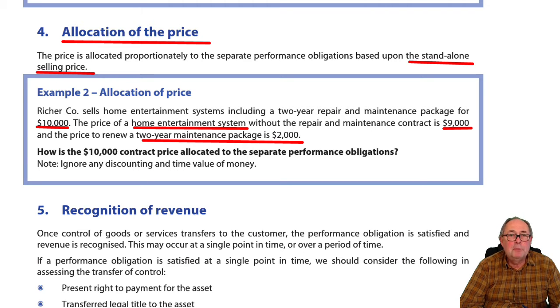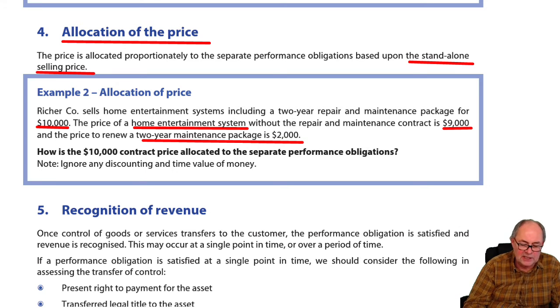So because they've bought the bundle, they're going to get revenue of 10,000. If the customer had bought these things separately, they would have got revenue of 11. So I need to allocate again the revenue I'm actually receiving to the 2 performance obligations based on the standalone selling prices.